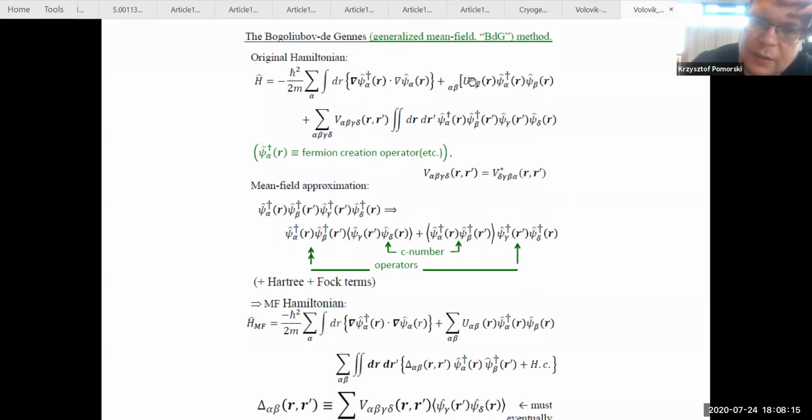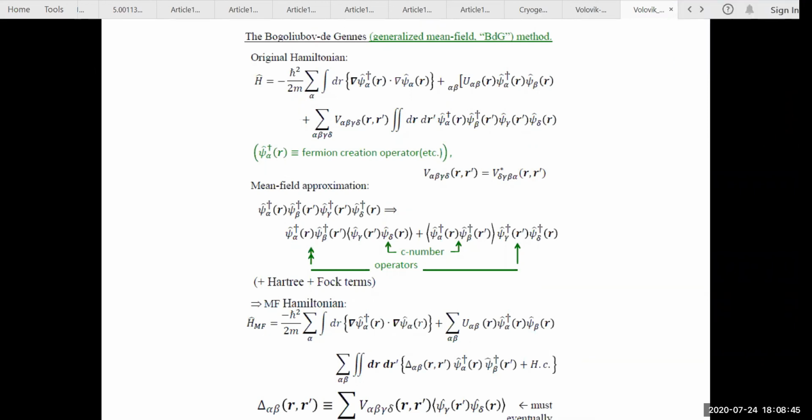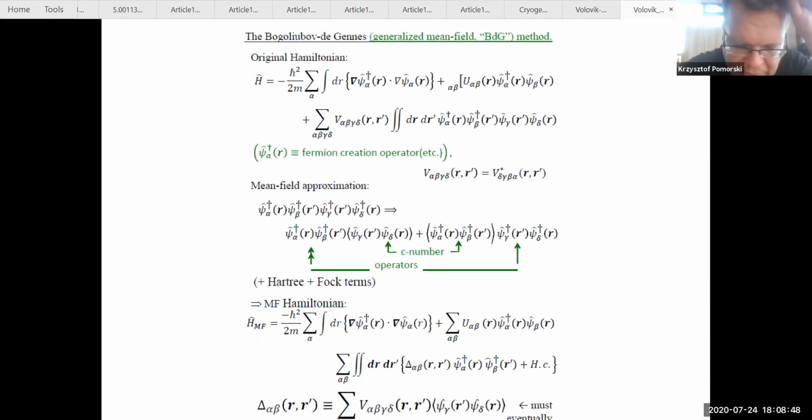This is the original Hamiltonian. And then basically, there is a mean field description of BCS theory. This mean field description allows you to write it in such a way that two fermionic creator and two fermionic annihilator operators can be effectively described by one creator and one annihilator fermionic operator multiplied by some effective complex value field.